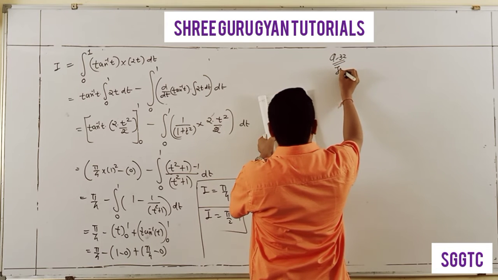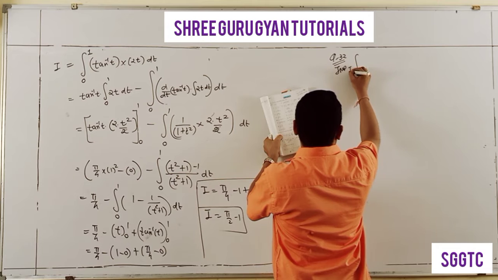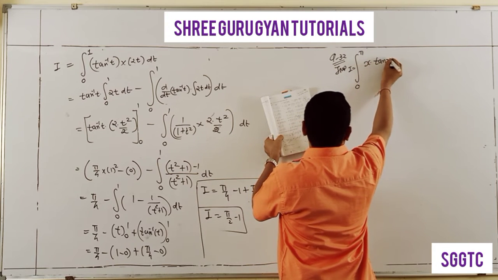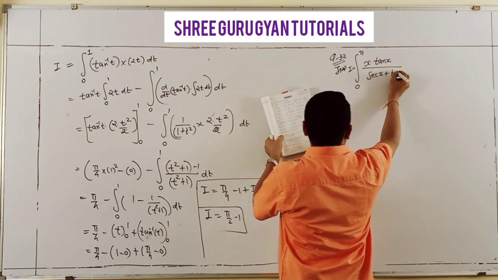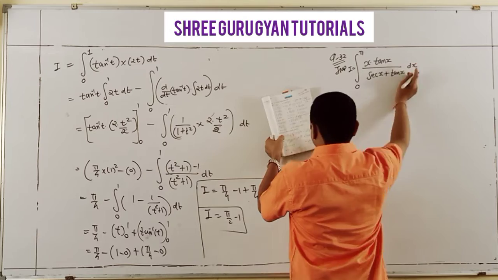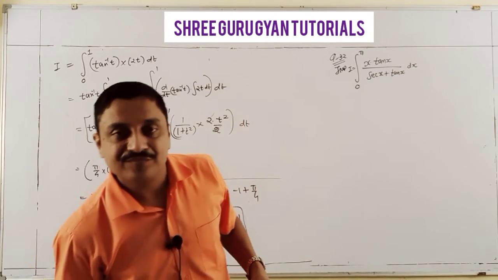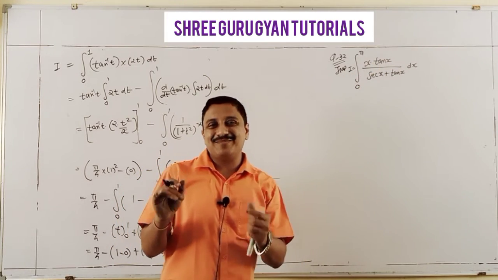This is also an important sum. Integration 0 to pi, x tan x by sec x plus tan x dx. Students, I think so, first prefer converting into basic sine by cos.